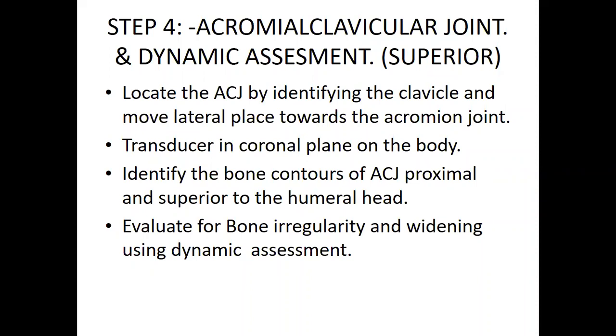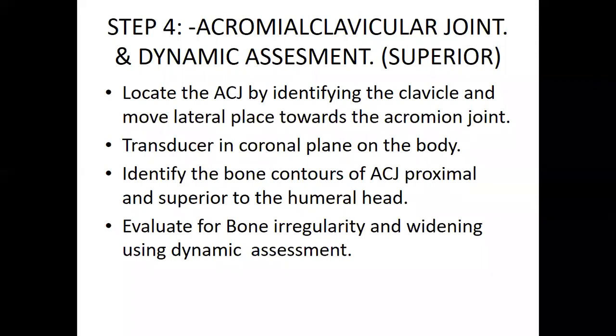How would you identify this is the acromioclavicular joint? Two bone structures are very, very important. The clavicle that is located proximal, and you've got the acromion that is more distal, adjacent to the humeral head. Very, very important. Here, our area of interest is the ACJ, which is the acromioclavicular joint.